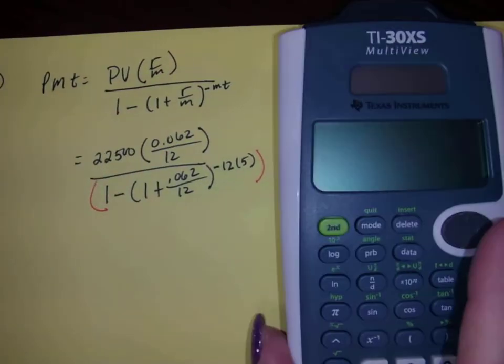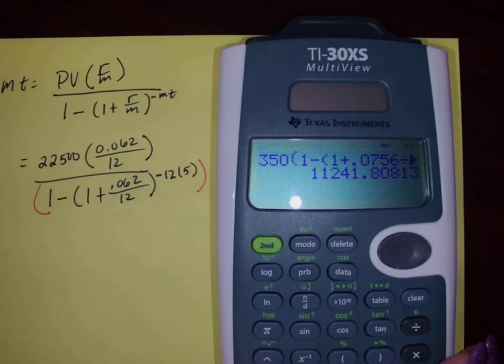All right, so let's go put this in our calculator again. So we have 22,500.